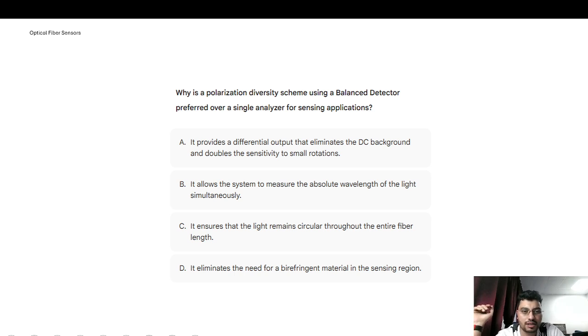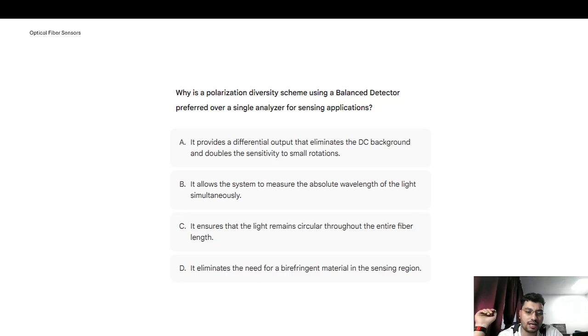Why is the polarization diversity scheme using a balanced detector preferred over a single analyzer for sensing application? Option A, it provides a differential output that eliminates the DC background and doubles the sensitivity to small rotation. B, it allows the system to measure the absolute wavelength of the light simultaneously.